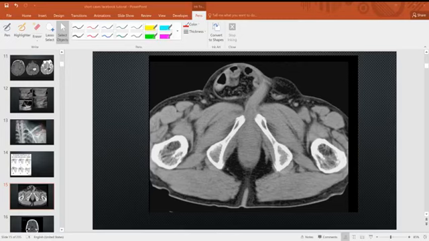What do you think of this patient? Hernia? It is not answered. You should put what is the type of hernia. Hernia, it is not a correct answer.